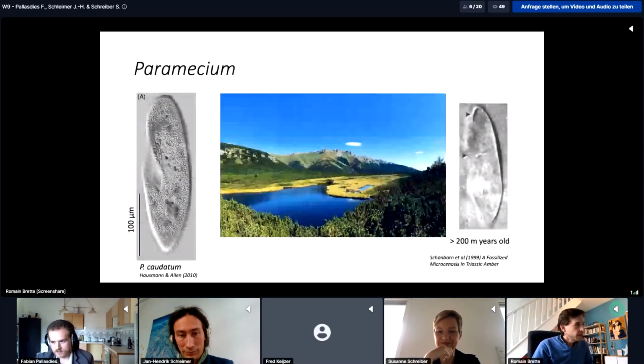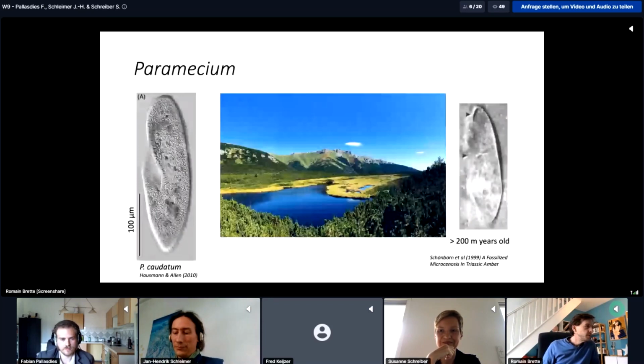Paramecium is a unicellular organism. It's a eukaryote, which is fairly large. Here you see Paramecium caudatum, one of the species. It's 250 micrometers long. You can see that it's covered with thousands of cilia. So it beats its cilia to swim in fresh water.